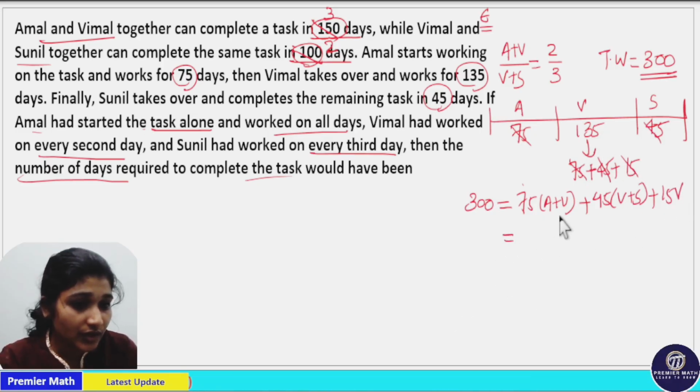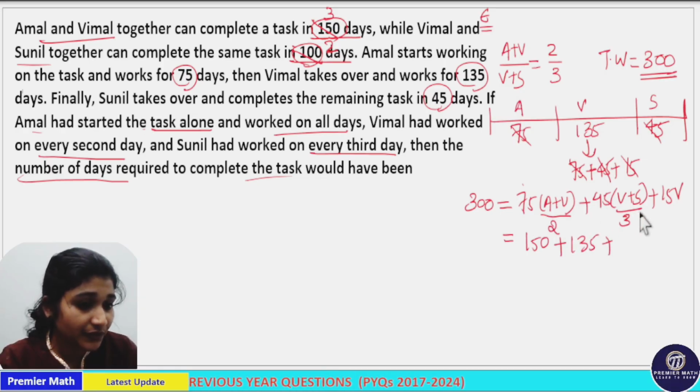Now, A plus V efficiency we already know is 2 units, which means in 75 days, Amal and Vimal together complete 75 into 2, 150 units of work. And in 45 days, Vimal and Sunil complete 45 into 3, 135 units of work.